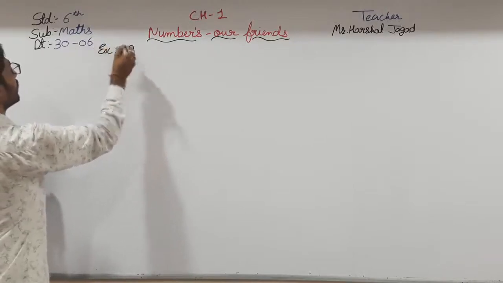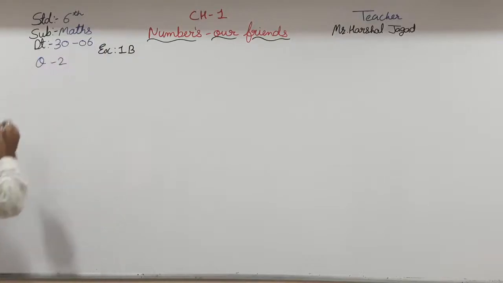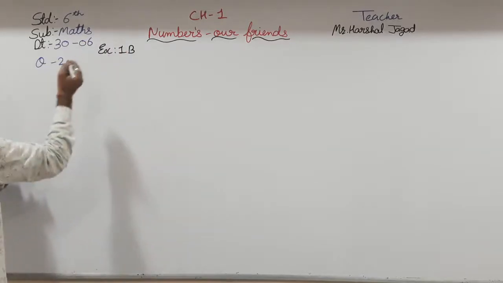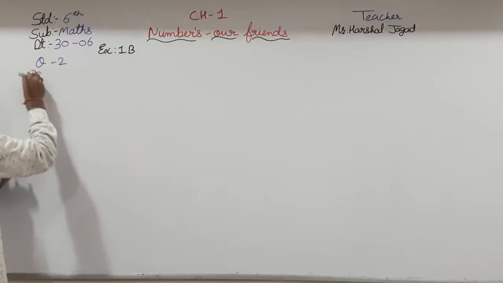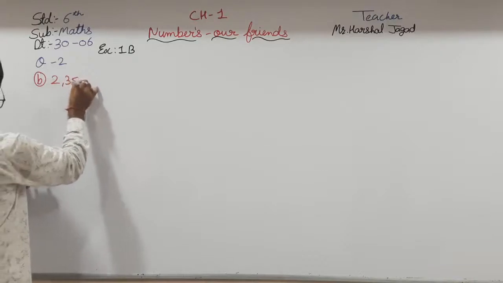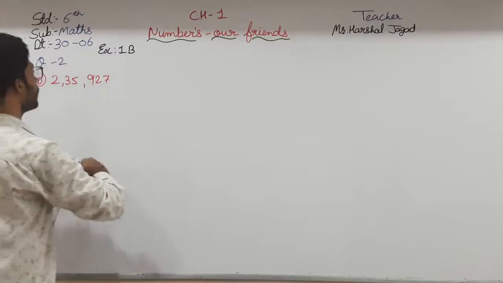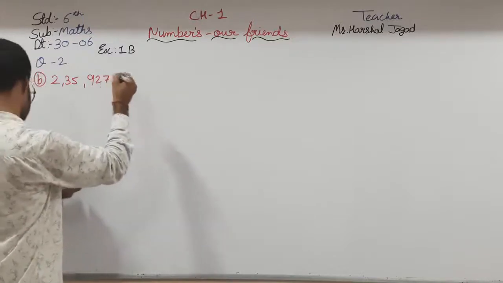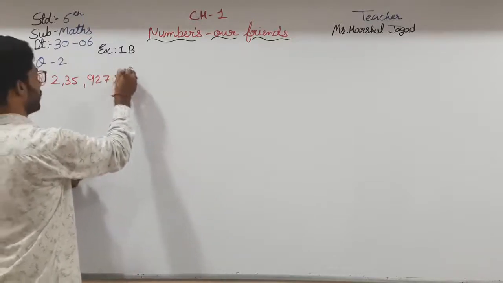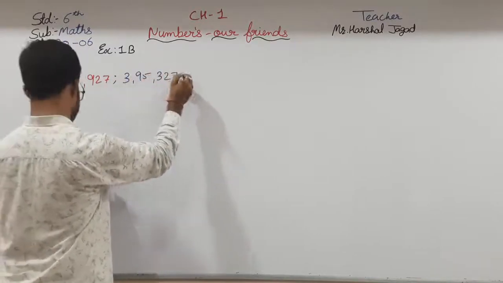First of all, exercise 1b, question number 2. From that you can see here I will just solve b. First we will solve b. The first number is 2 3 5 9 2 7. Another number is 3 9 5 3 2 7.